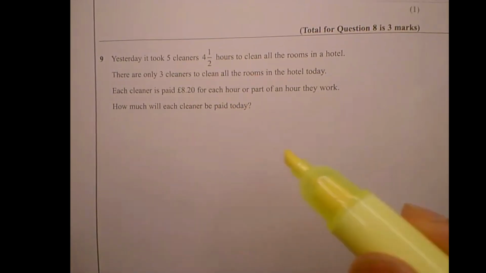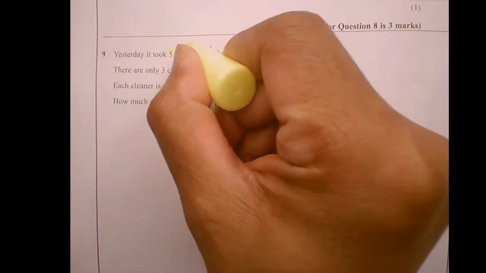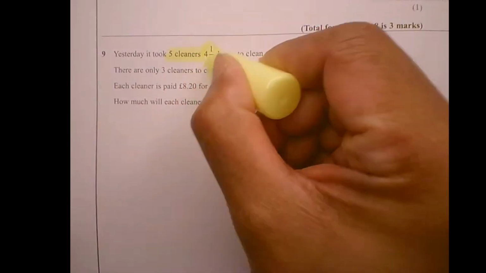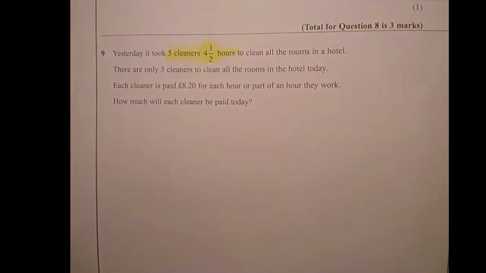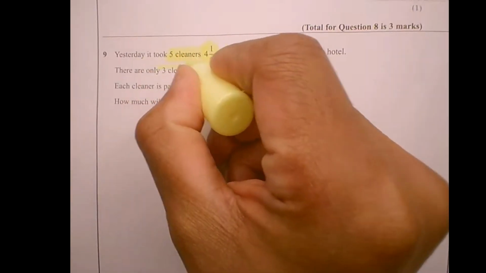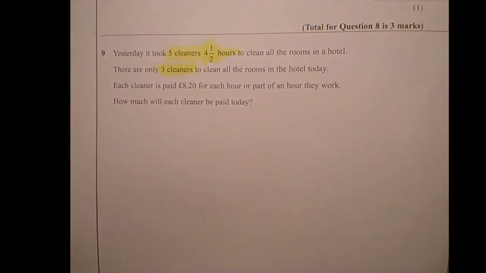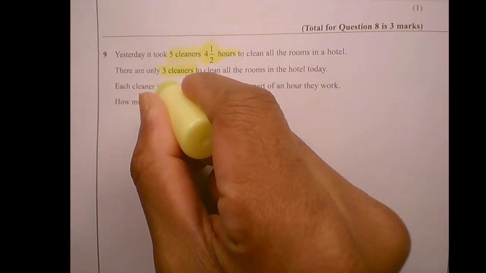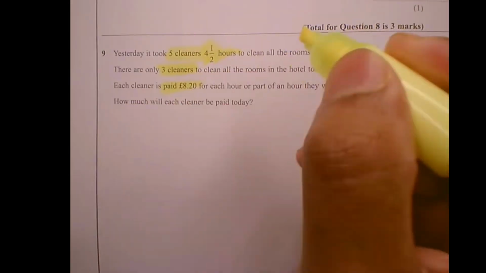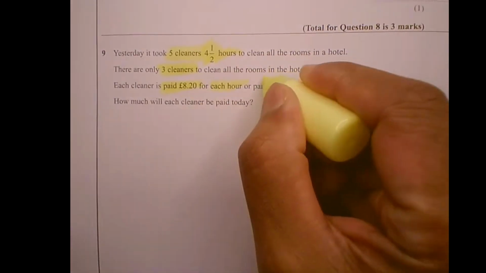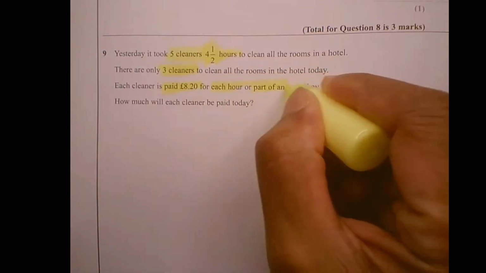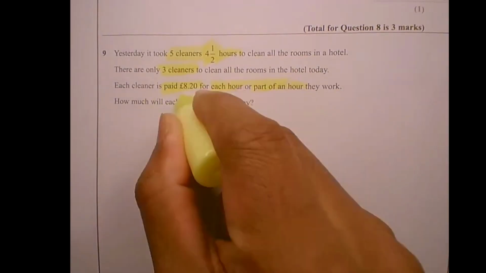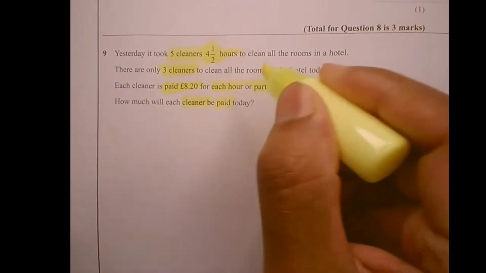It took 5 cleaners 4.5 hours to clean all the rooms in a hotel. There are only 3 cleaners to clean all the rooms in the hotel today. Each cleaner is paid £8.20 for each hour or part of an hour they work. How much will each cleaner be paid?